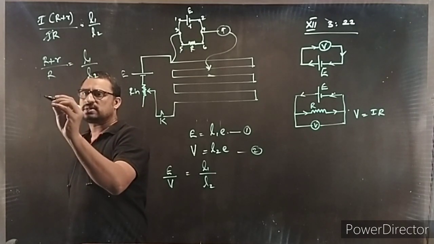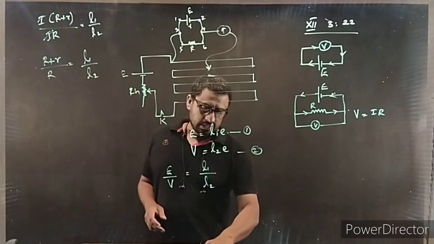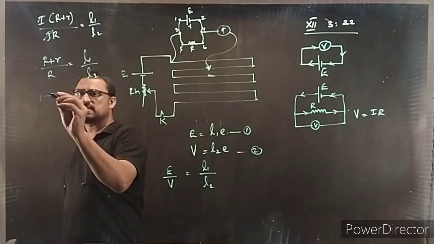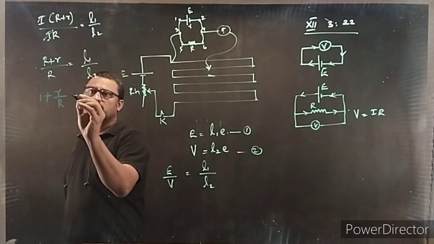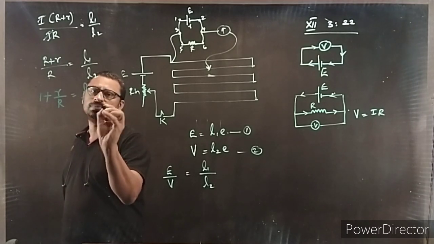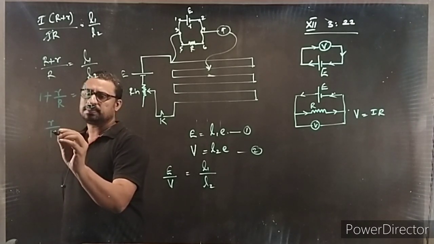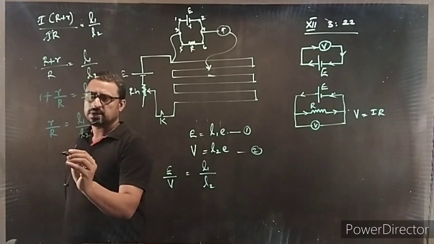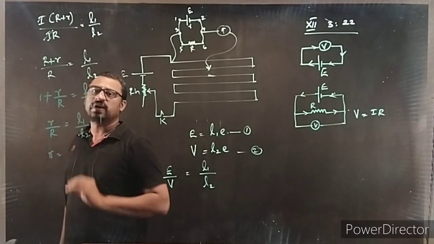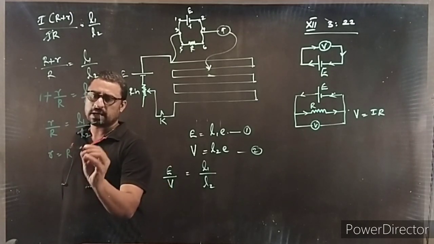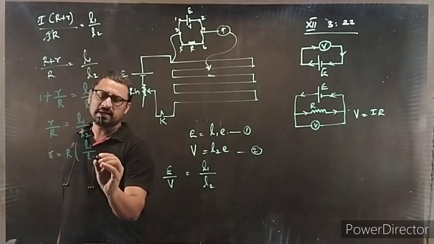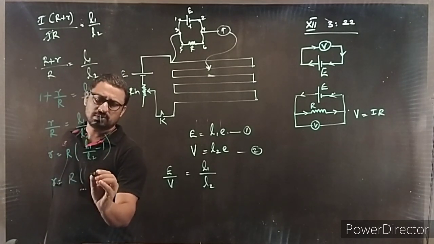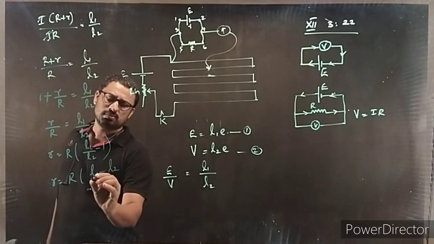Now you can say 1 plus r by R equal to L1 by L2. So r by R is equal to L1 by L2 minus 1. So small r, the internal resistance that we need to find, equals R into (L1 by L2 minus 1), or else R into (L1 minus L2) by L2.